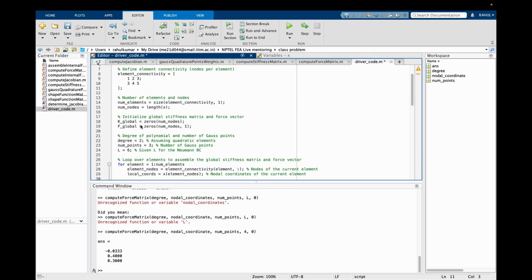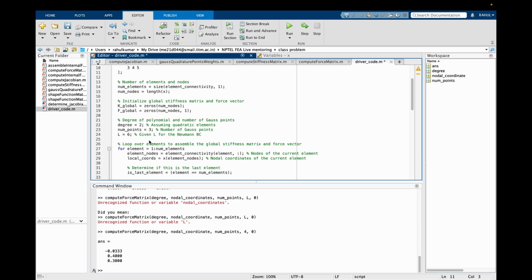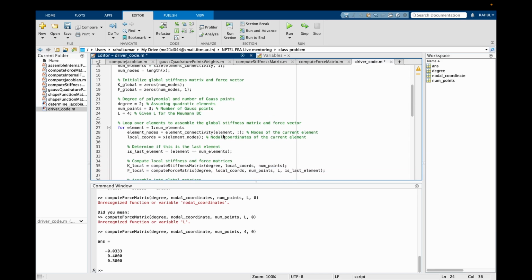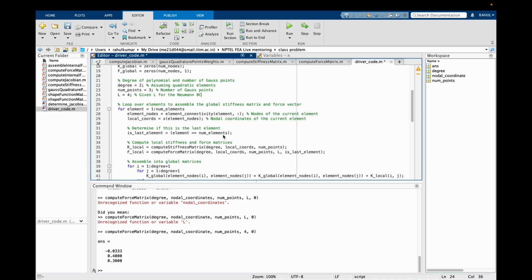So I have initialized k global, f global, degree is 2, number of points 3, l equal to 6, not 6. Here I am writing l equal to 4, because at l equal to 4, the Neumann boundary condition is imposed here. So here it is asking whether it is the last element.